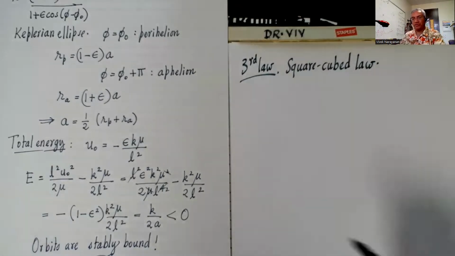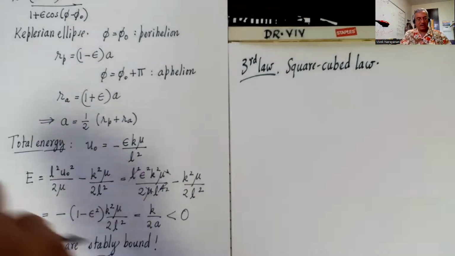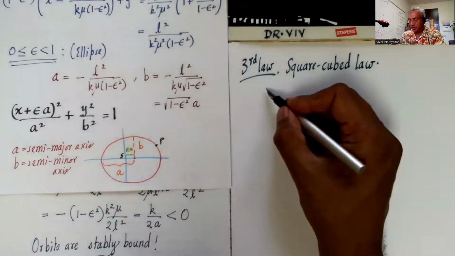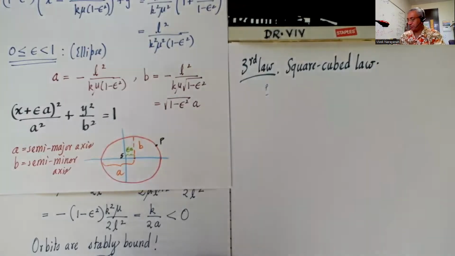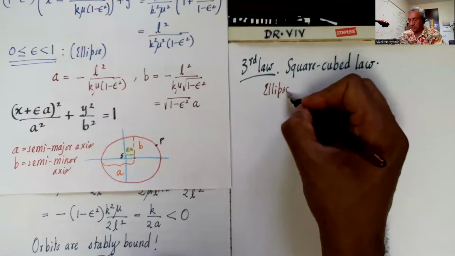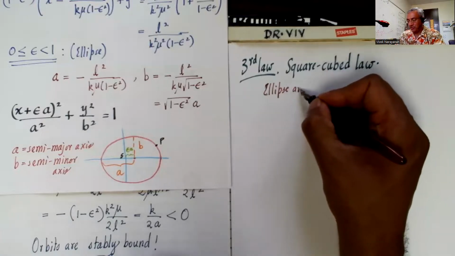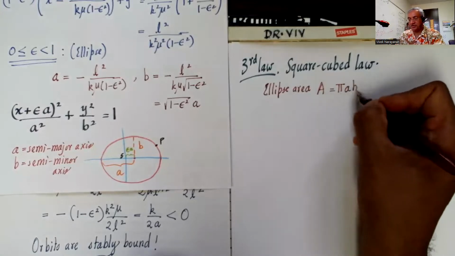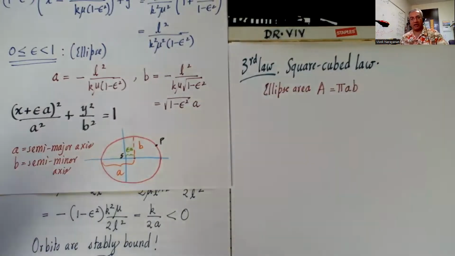The important thing is once you have the ellipse, the area of the ellipse can be easily found. The ellipse area, which you can look up in any Wikipedia or someplace like that, or actually prove it with calculus, the ellipse area A is just pi AB. If A is equal to B, then it's pi r squared, the usual formula for a circle.